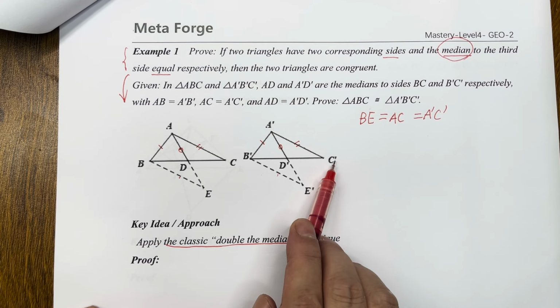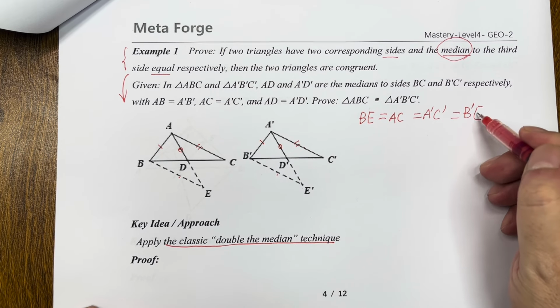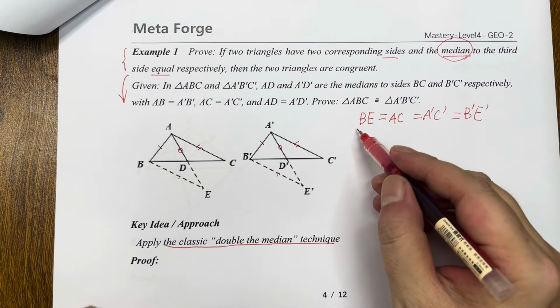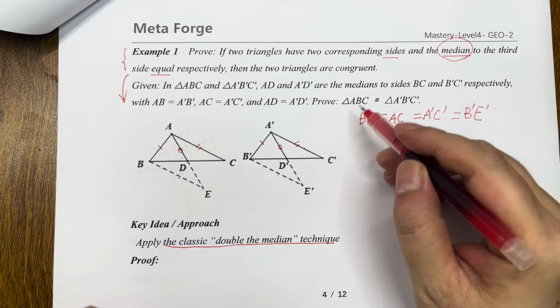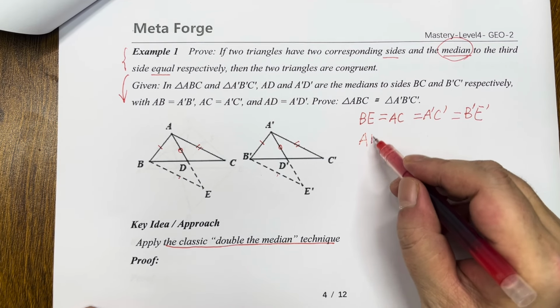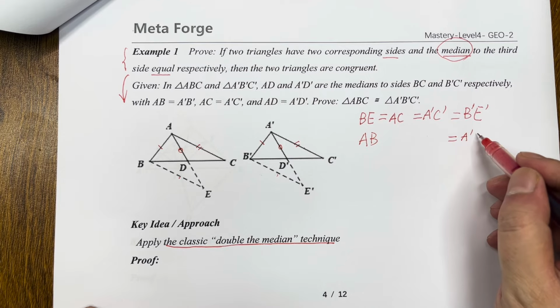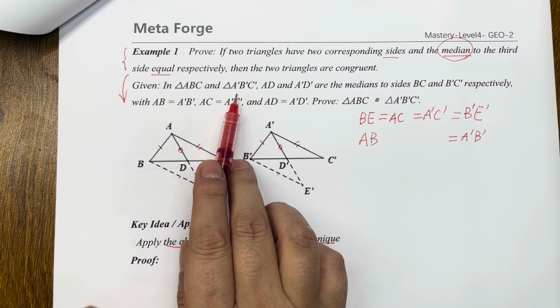A prime C prime equals B prime E prime. Then AB equals A prime B prime. That's the given condition.